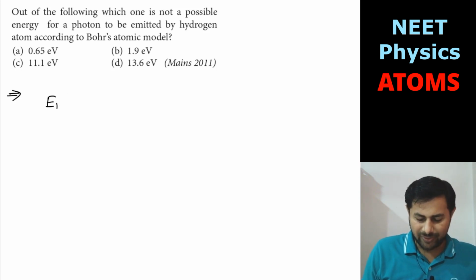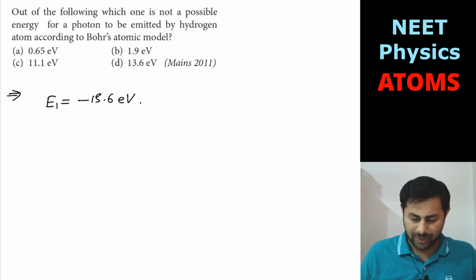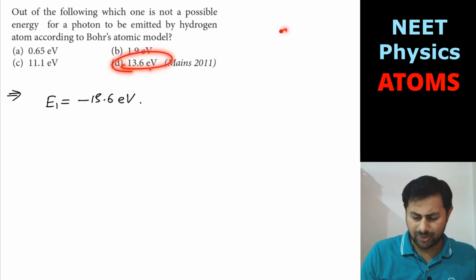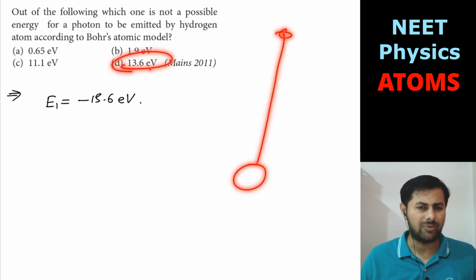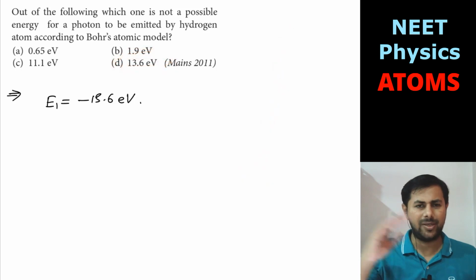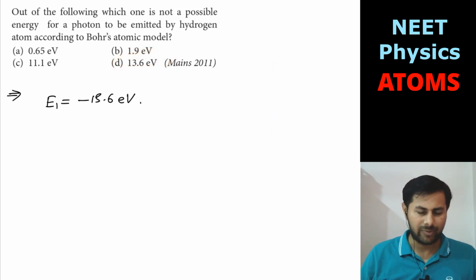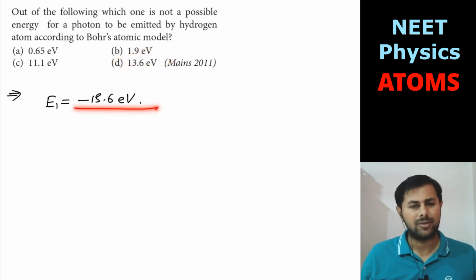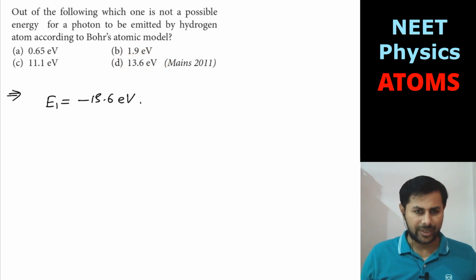So E1 is equal to minus 13.6 electron volts, right? And if an electron jumps from infinite orbit to the ground level, that means a free electron jumps to the ground level, then this much energy would be emitted. So this is completely fine. It will emit a photon of energy 13.6 electron volts.